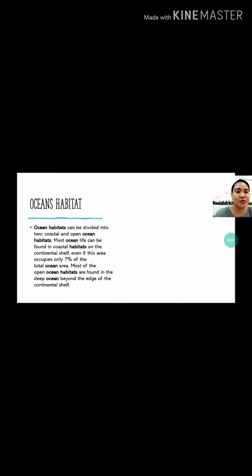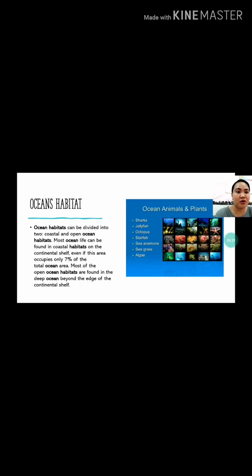We have sharks, jellyfish, octopus, starfish, sea anemone, seagrass, and algae. Most of our food as well comes from the ocean or sea. There are a lot of species of animals and plants in the oceans, but we're only naming a few.